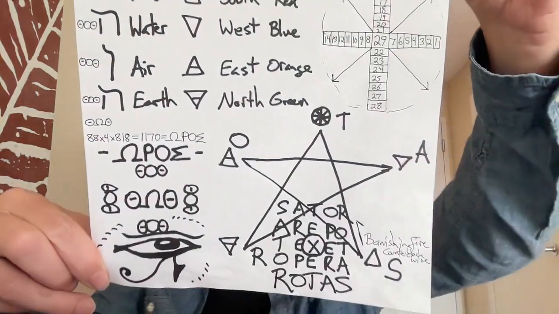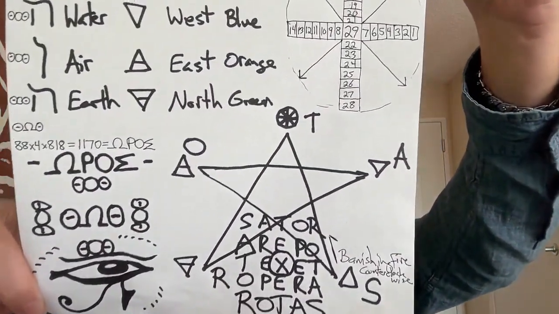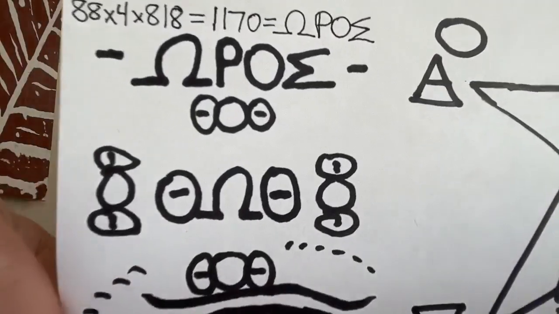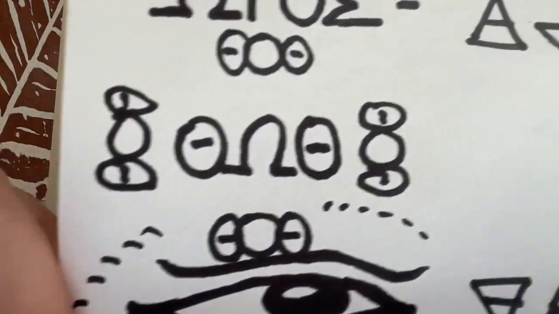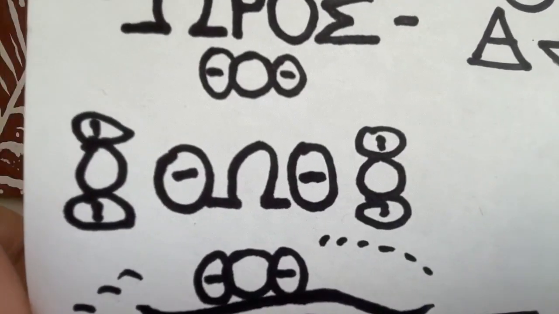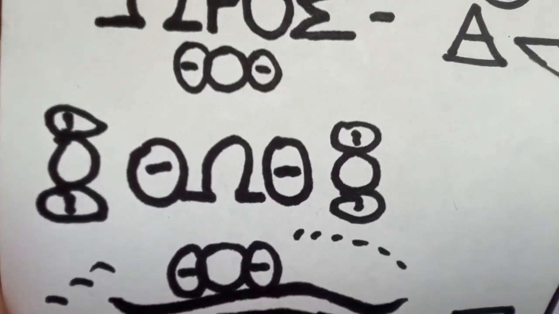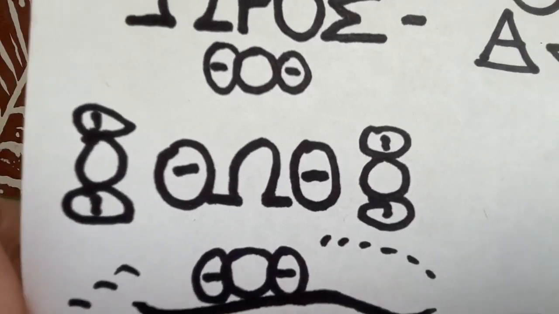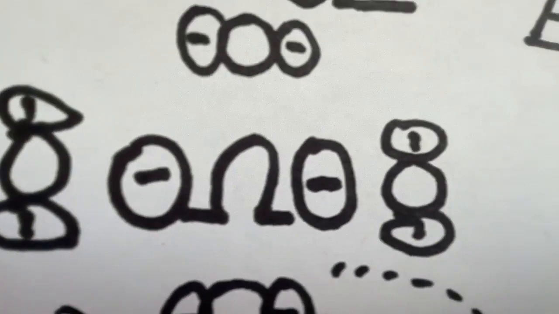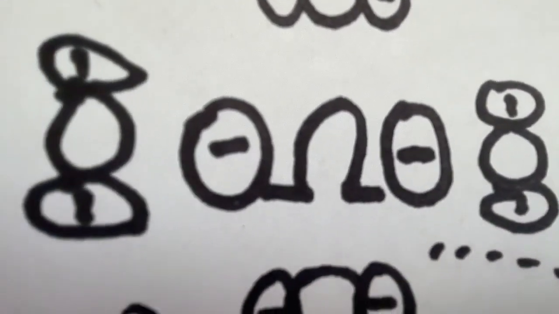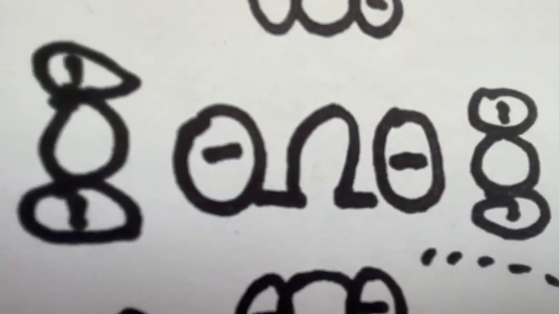And then I actually made a formula right here. I kind of really have to specify. If you write 4 Thoths like this, theta, omicron, theta, in each direction, that equals 88 in Greek. And then you write Thoth as theta, omega, theta at the center as 818.